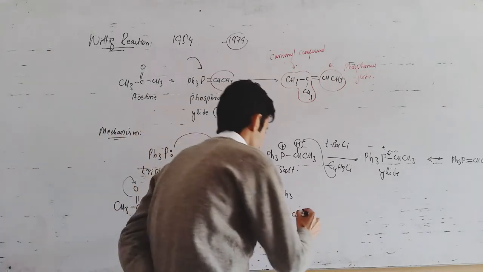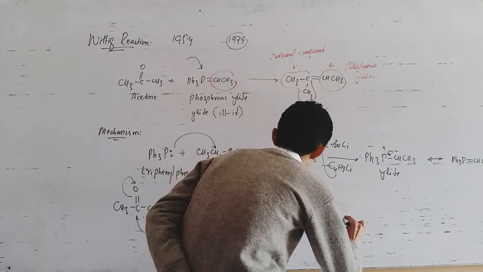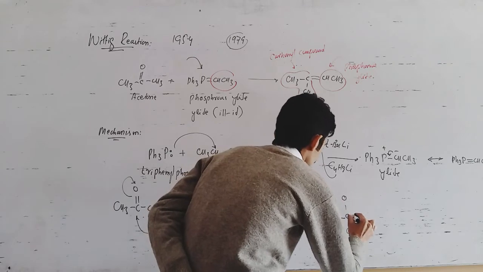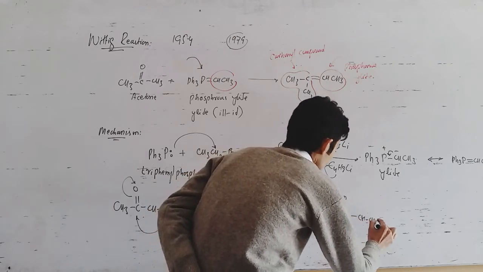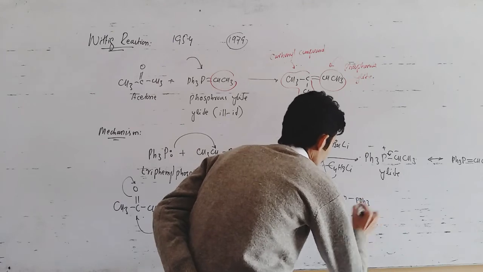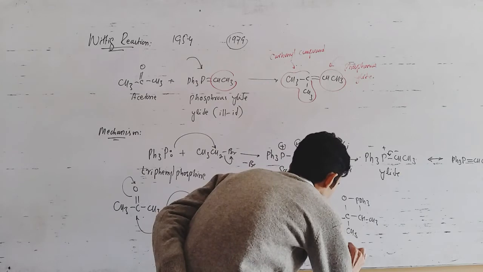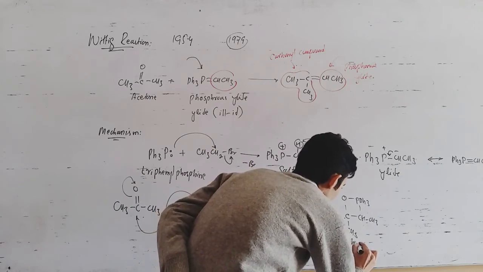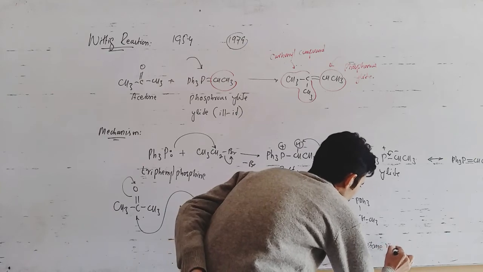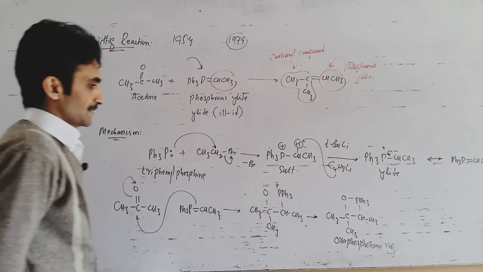Again, this will reorganize and give a cyclic structure which is unstable. This is known as the oxaphosphetane ring, which is unstable and undergoes self cleavage.